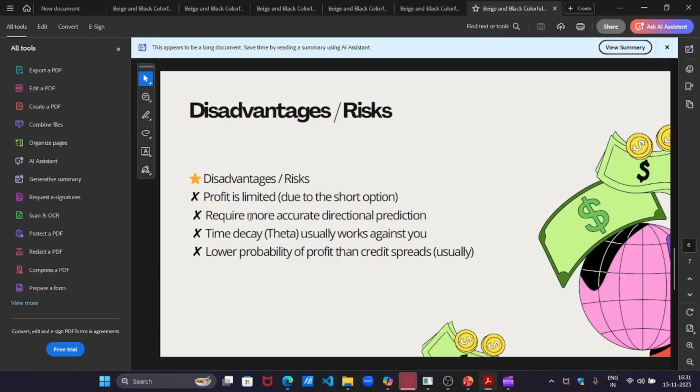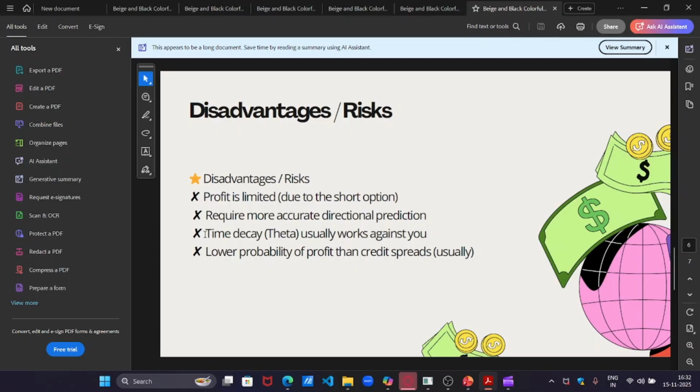If you compare it with the credit spread, you would require more accurate directional prediction, because if it stays there or doesn't move much, in that case you will not get much profit. It will profit only if the market moves in the direction you are expecting, and also moves fast, right?